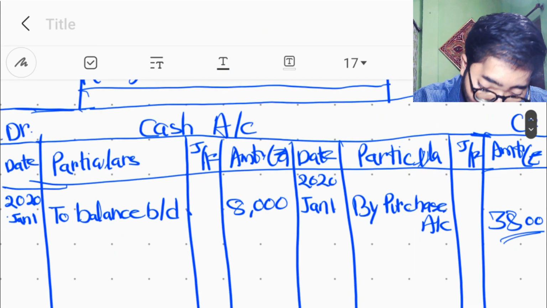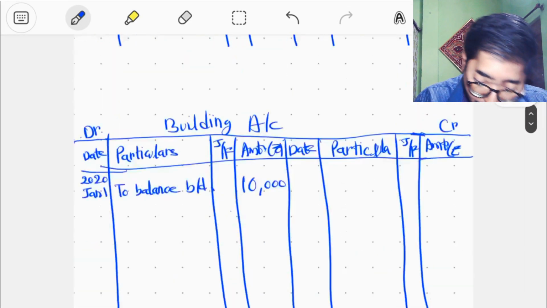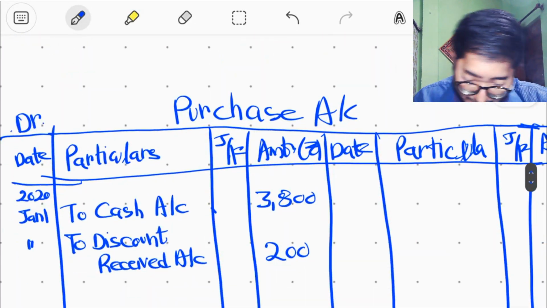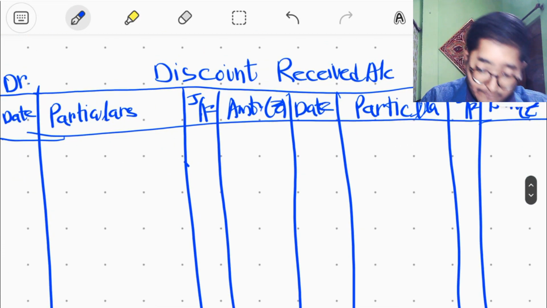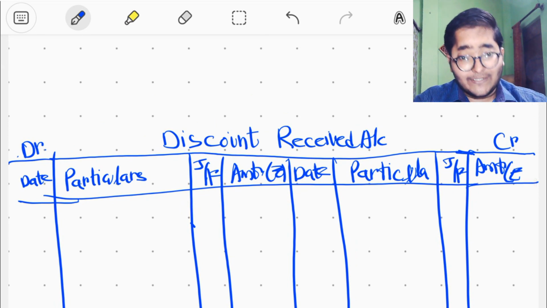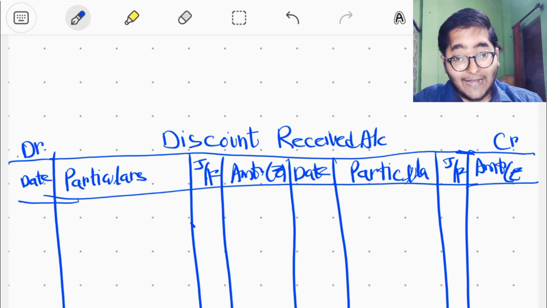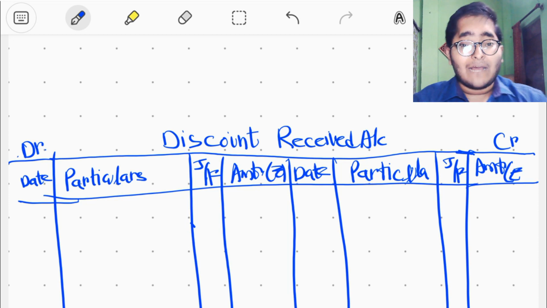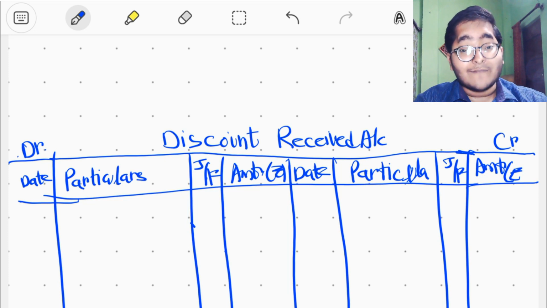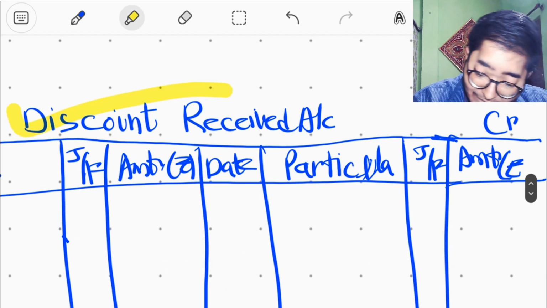Our entry is still pending. Now cash account is given. Next is discount received account. This account would be affected. What is discount received? Discount received is like an income. It is a gain. If you have to pay less money, that is an income or gain for you. And we all know incomes and gains are credited. That is why discount received account, credit side.